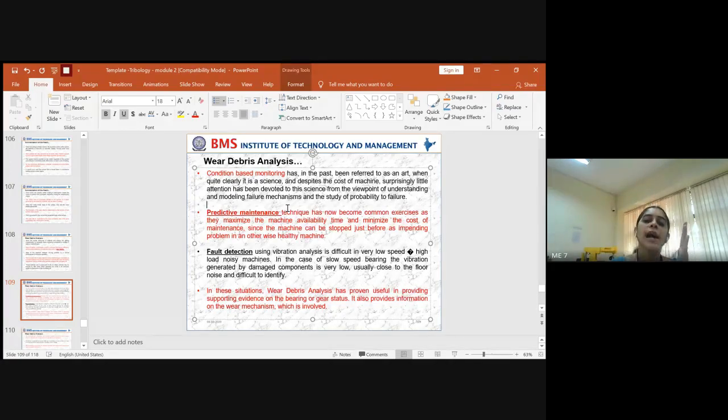Suppose you're using one hard material and one soft material, the wear which is coming in is due to which failure mechanism. So you can compare each type of failure mechanism and keep it in a database. So when suddenly something comes up, you will have in hand which damage has been caused and due to which reason.